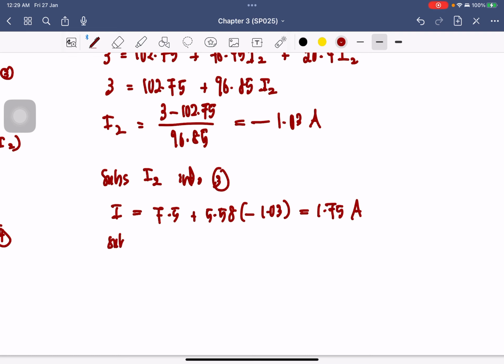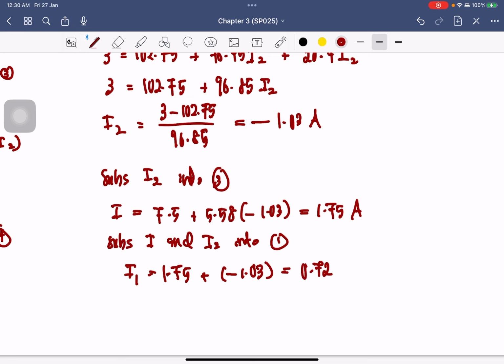Okay, and then you can substitute I and I2 into equation 1 earlier so that you can find I1. Okay, so we get I1. My working is a bit long. So what you could do is divide equation 3 and 4, I think, so that you get I1 only as the unknown. So you can try the division method, okay?